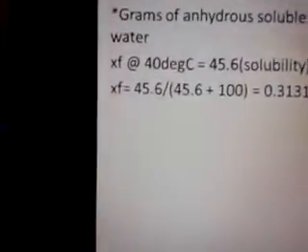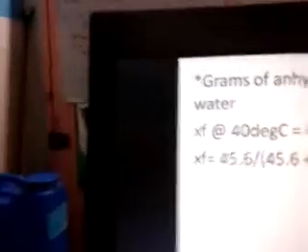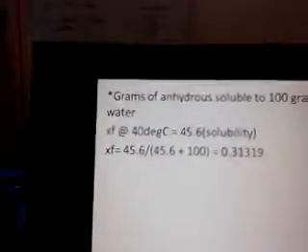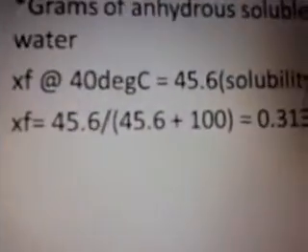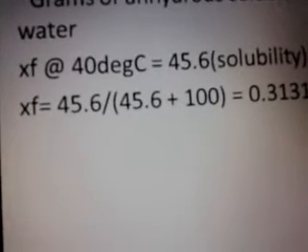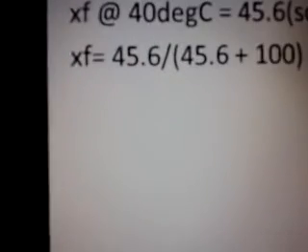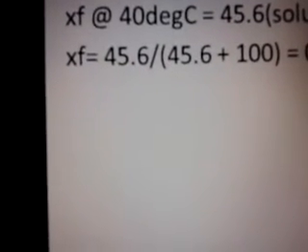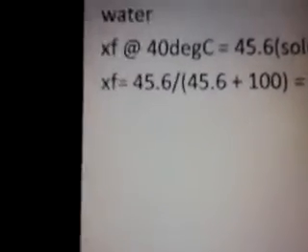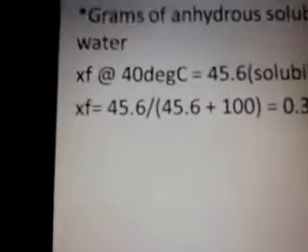First, we will find XF at 40 degrees Celsius. In the handbook, the data given is 45.6, which is its solubility. So solving for it, XF is equal to 45.6 over 45.6 plus 100, because this is a solution.